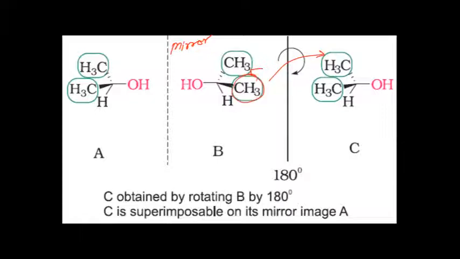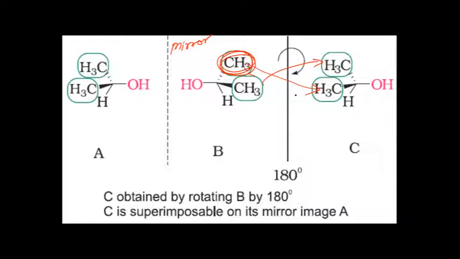This CH3 was pointing outward of your screen. If you see this 3D structure, it is pointing outward towards you. If you rotate it 180 degrees horizontally, this will actually go away from you. And this one, which was away from you, when you rotate 180 degrees and it comes to the left hand side, will actually point towards you.